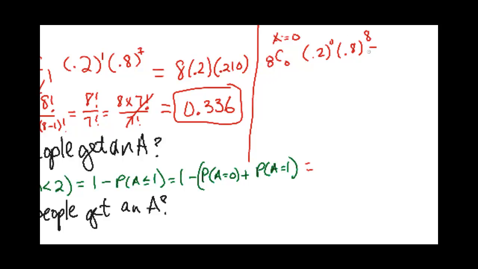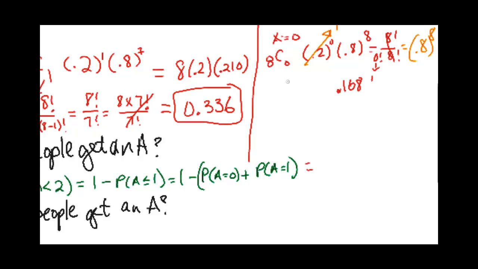And that would be 8 factorial over 0 factorial, which by definition is 1. And 8 minus 0 factorial is 8 factorial, so that cancels. And we know that anything to the 0 power is 1. So all we have is 0.8 to the 8th. So let's see, 0.8 raised to the 8th equals 0.16777. So we'll say 0.168.